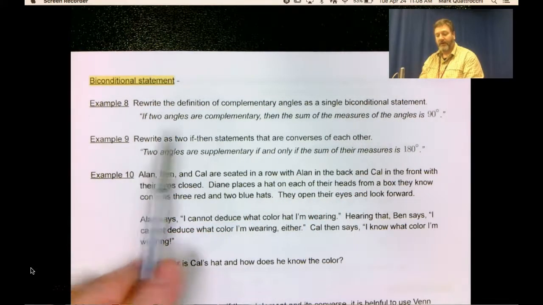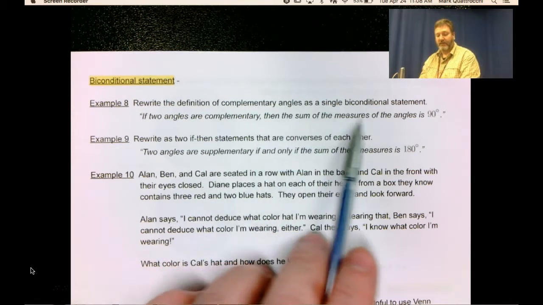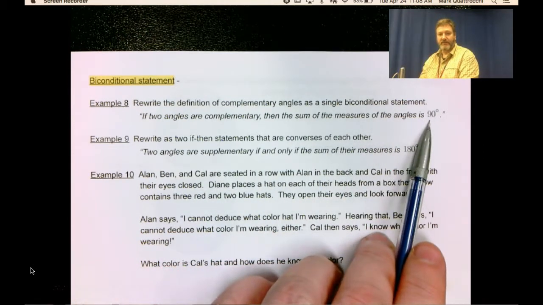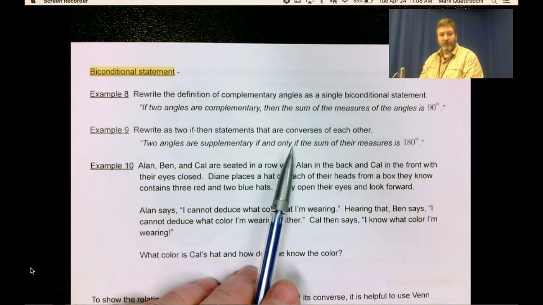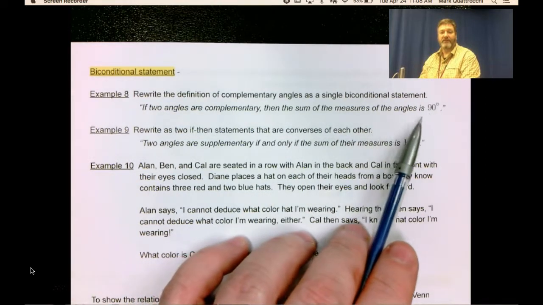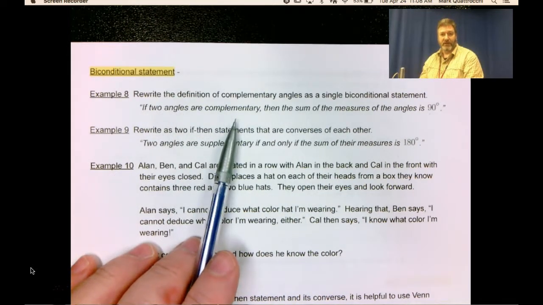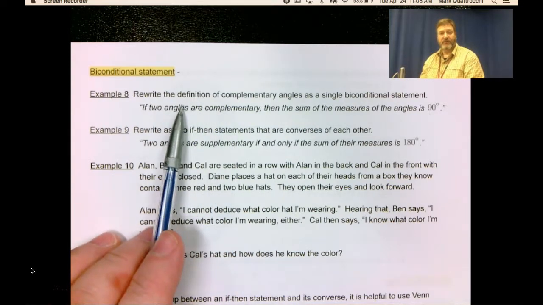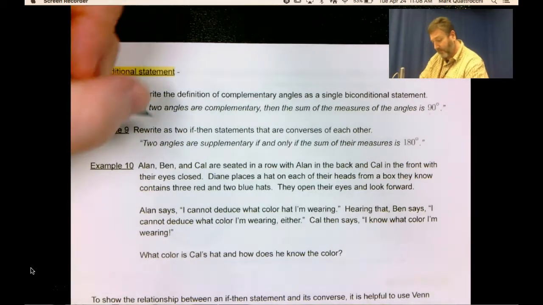If two angles are complementary, then the sum of the measures is 90 degrees. That's a true statement. It is also true that the converse is true. If the sum of the measures of the angles is 90 degrees, then the two angles are complementary. That's the converse. That's true. Because the conditional and the converse are both true, we can write a single biconditional statement.